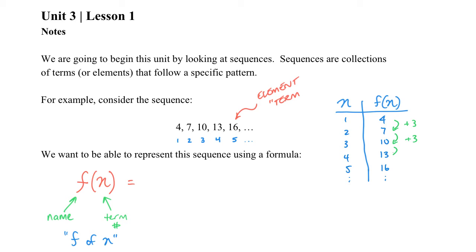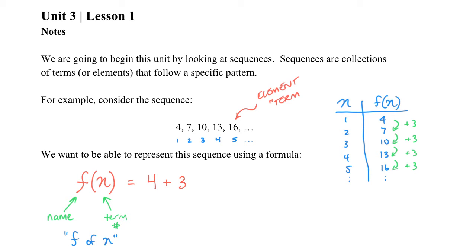So this is an adding 3 pattern. So if I go back to my sequence over here, I'm going to represent it with a formula. I'm going to start with the number 4, and then I'm going to add 3 each time.